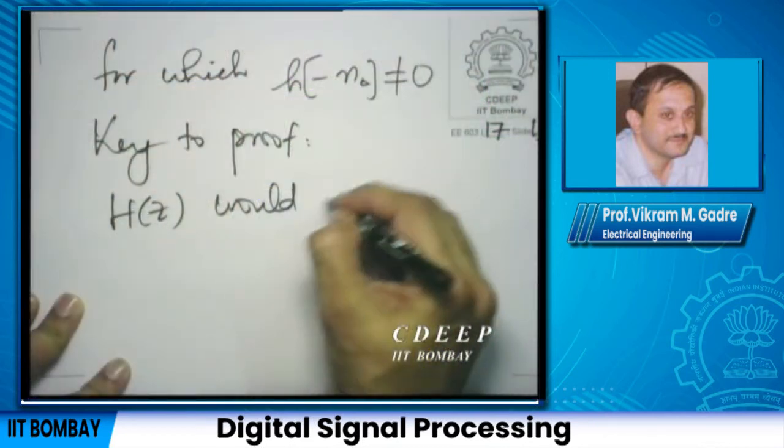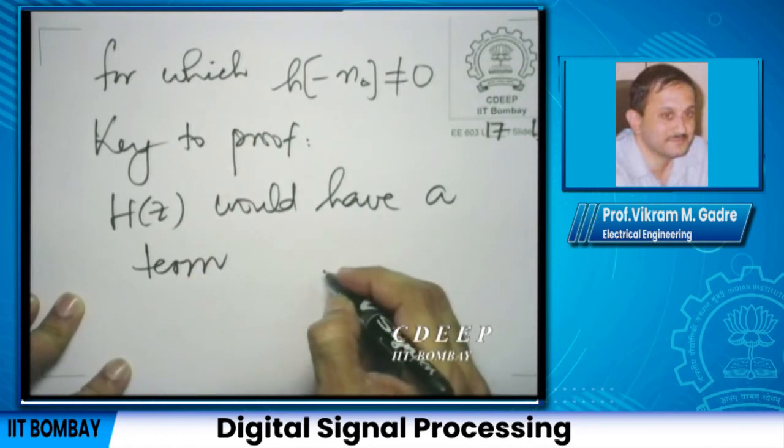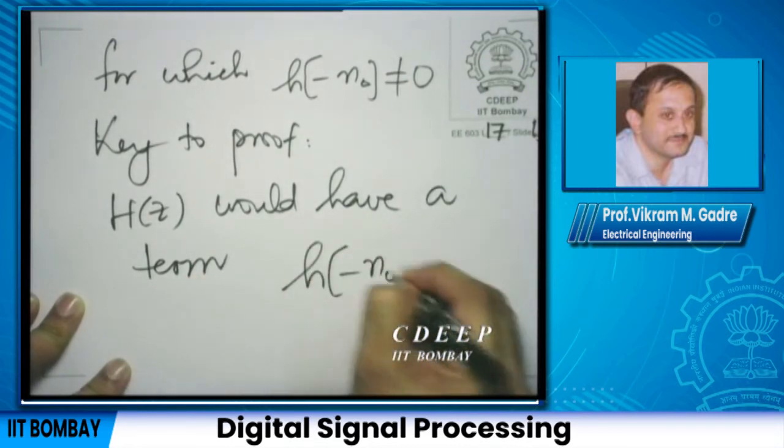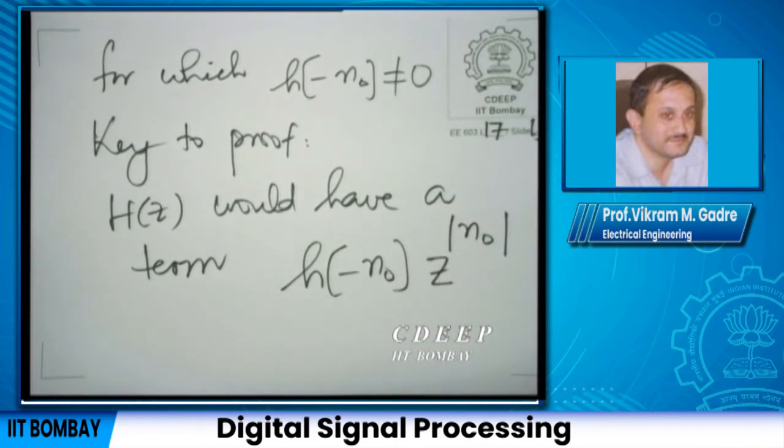The key to the proof is that H(z) would have a term h[minus n0] z raised to the power n0, arising from that impulse response sample. And of course, remember, not just one, there can be several such samples.